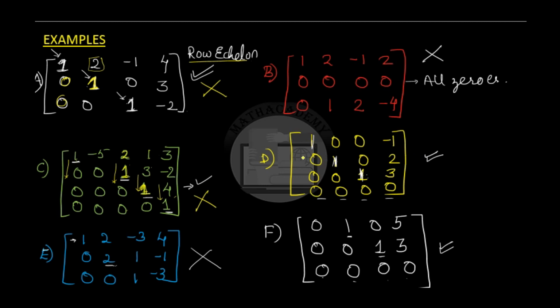Here we have the leading one, so all others are 0; leading one, so in the second column all elements are 0; leading one, so all elements are 0, and hence this is in reduced row echelon form. And for F, I guess it is also in reduced row echelon form. So I hope the properties that determine whether a matrix is in row echelon form or reduced row echelon form are clear to everyone.